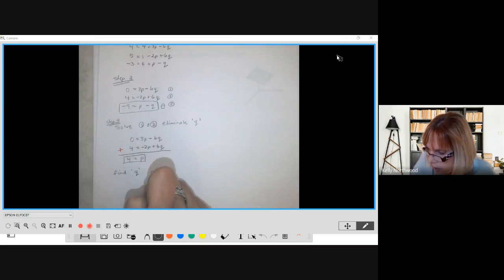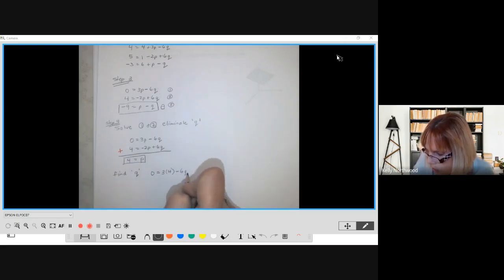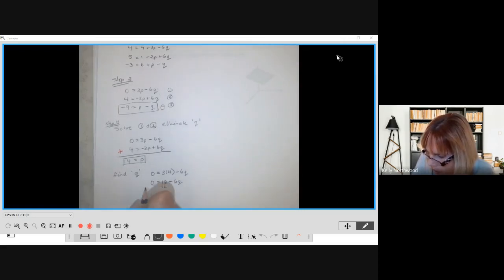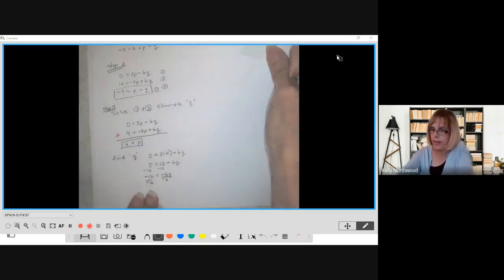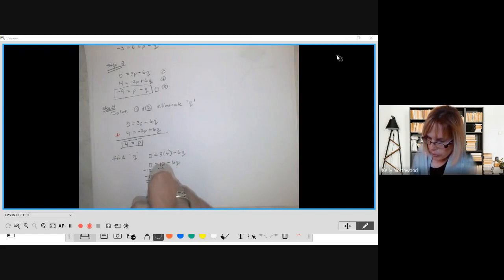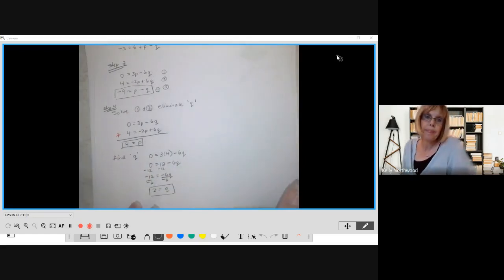So 0 equals 3P, but P is 4, minus 6Q. Subtract 12 on both sides. Divide both sides by -6. And you get that Q equals 2. So now we've solved the system.